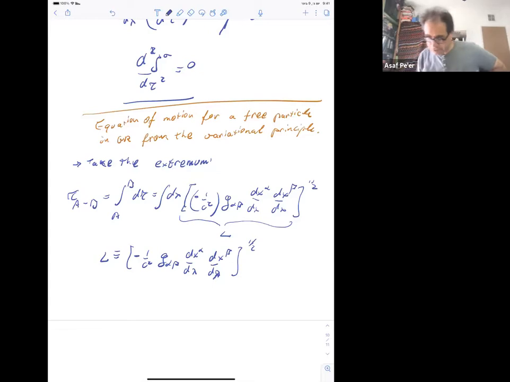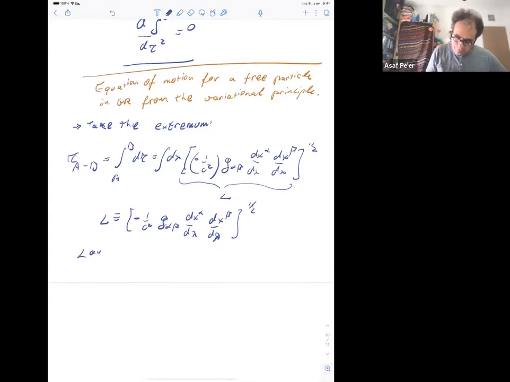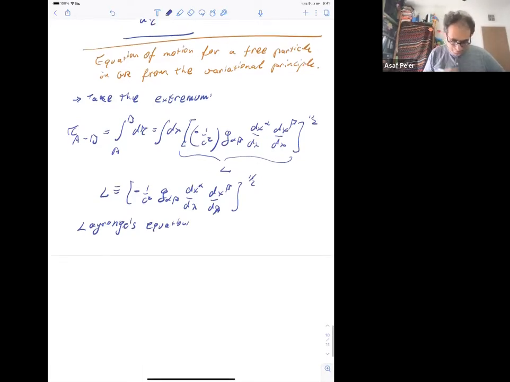And the Lagrange equation: d over d lambda of dL over d x sigma dot. This will be again what we had previously, 1 over 2L times minus 1 over c squared, g sigma beta dx beta over d lambda.